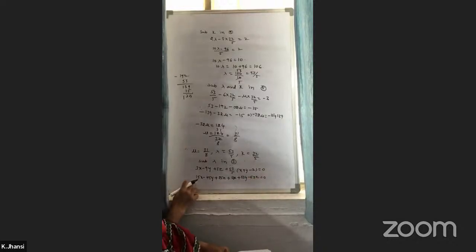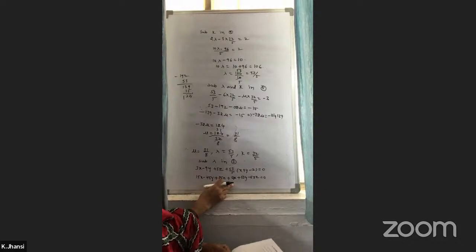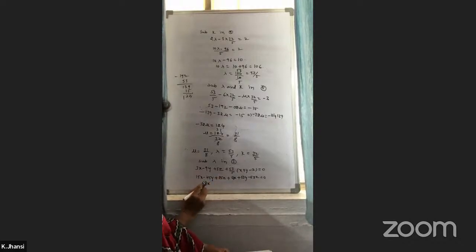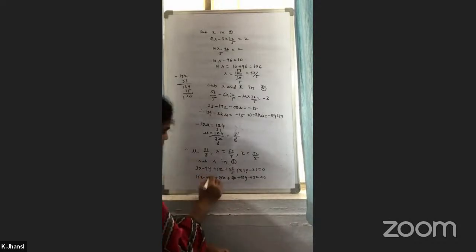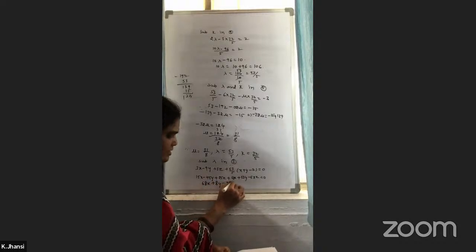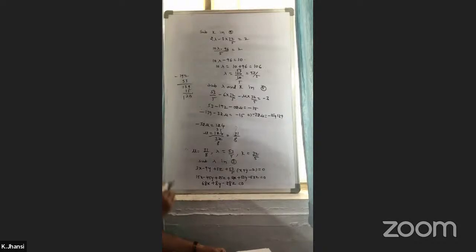Okay. So 15x plus 53y is there. So how much will we get? 68. You are able to see this, no? 68x and minus and plus, if you do, it is 6 plus 8y minus 28z equals 0.